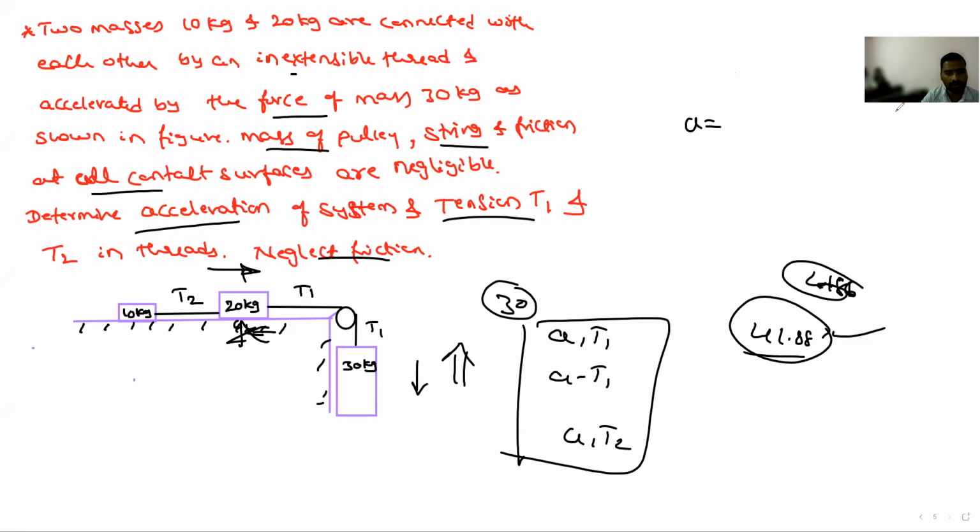Roll number 1, 2, 3, 4, 5, 6. Roll number 6 is absent. 7, 8, 9. Ruti, why have you not come to the class? Okay, take it. 10, 11.